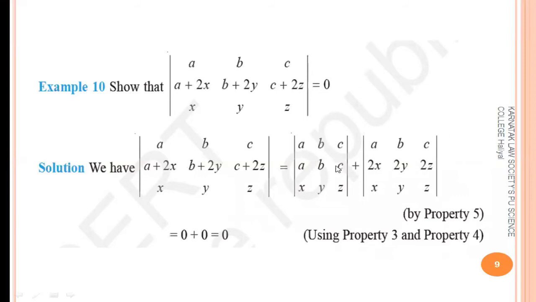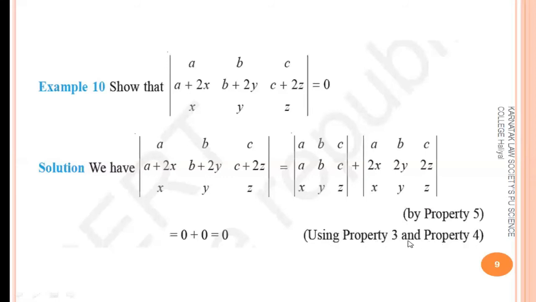Here directly you see identical R1 and R2, so the first answer is 0. Here 2x, 2y, 2z is there. If you take out 2 as a common factor, from the previous property, we can take 2 outside. Again, you will get x, y, z as common, then R2 and R3 remain the same, so you will get 0. So 0 plus 0 is 0. This is equal to the RHS by using the properties.